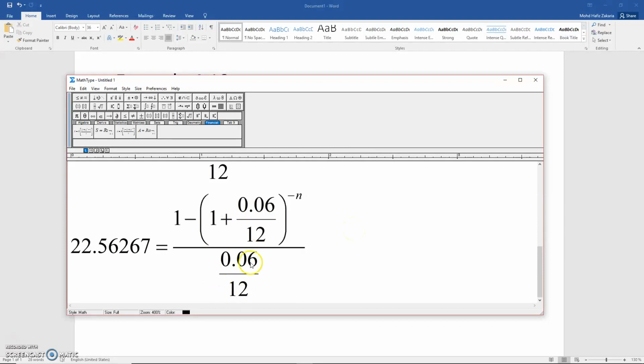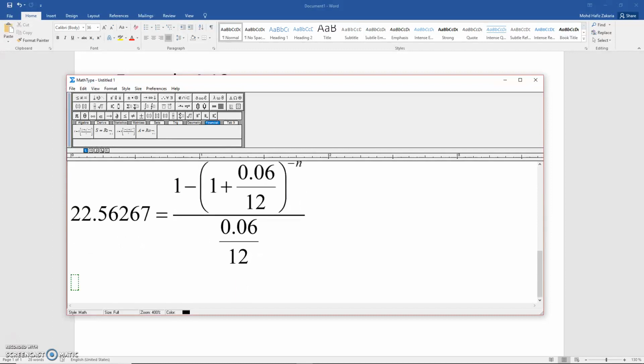Now we can times this value with 0.06 over 12. So you get 0.112813, equal to this.